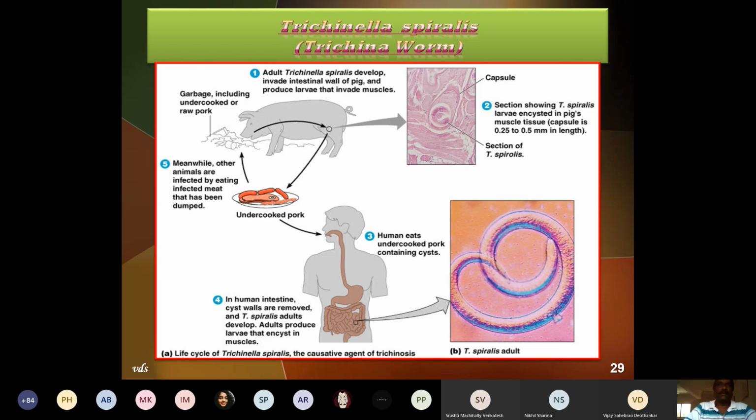All the symptoms subside, because this site is the convenient site for this parasite for localization. Here it undergoes encystation in the striated muscles. And once it gets encysted, all the symptoms of the infection subside. And a phase of convalescence is seen.